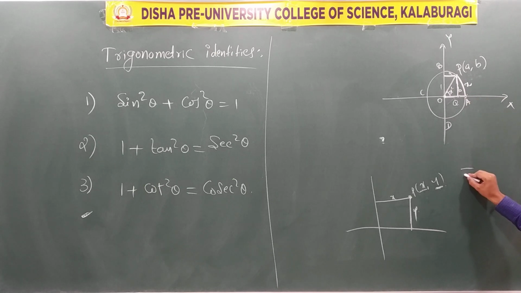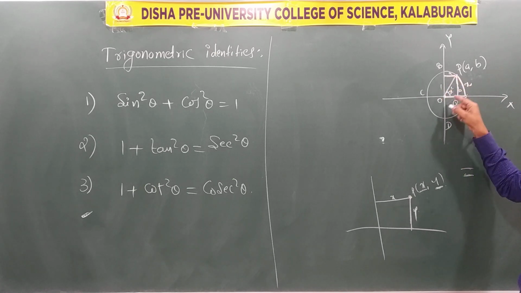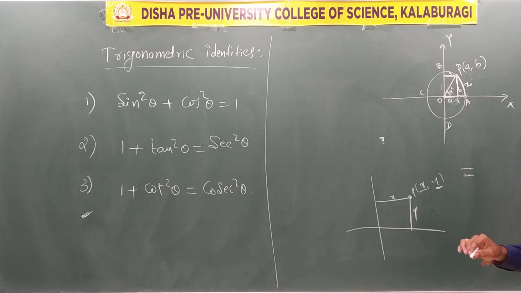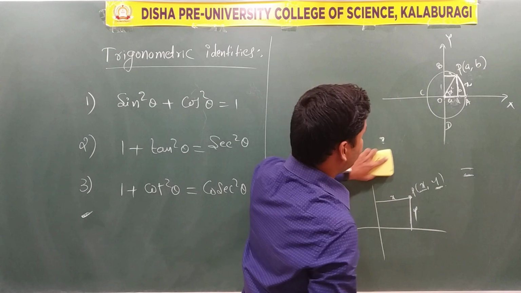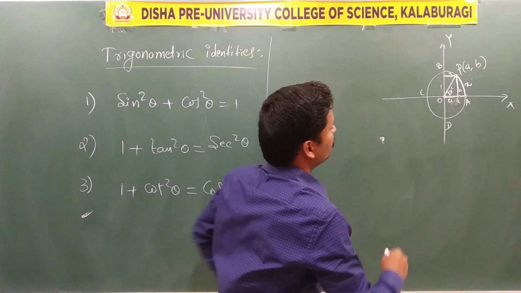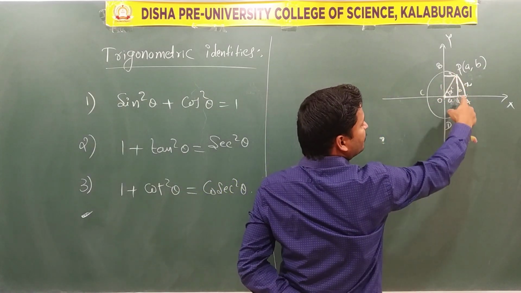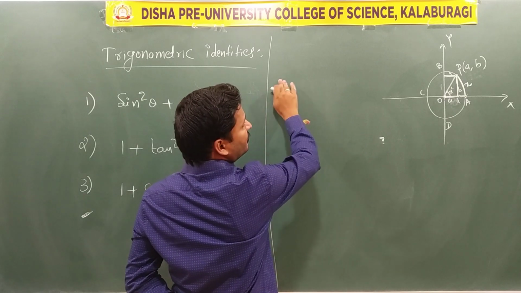If two lines are parallel, their distance is also the same. So the distance is A, so O to Q distance is also A. Next, Q to P distance is B. So now the triangle is OPQ or POQ.